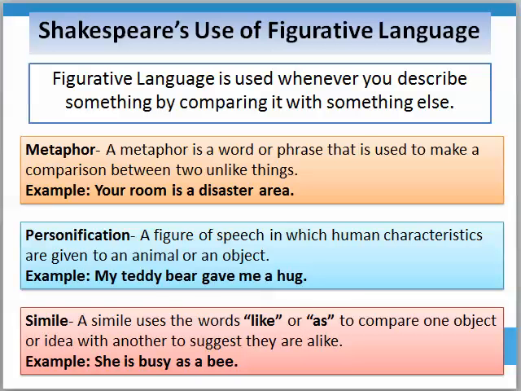It's a figure of speech in which human characteristics are given to an animal or an object. So for example, my teddy bear gave me a hug. Our next example is a simile. A simile uses the words like or as to compare one object or idea with another to suggest they are alike. And our example is, she is busy as a bee.